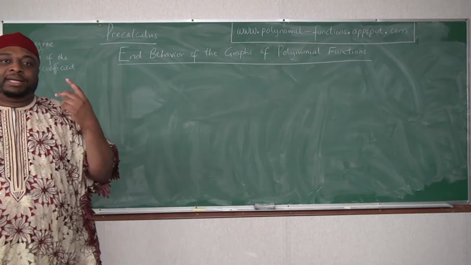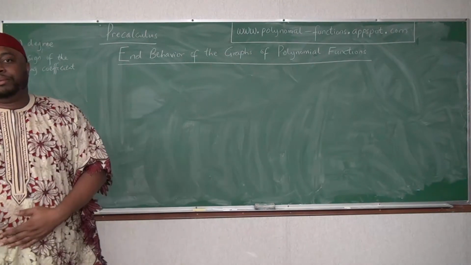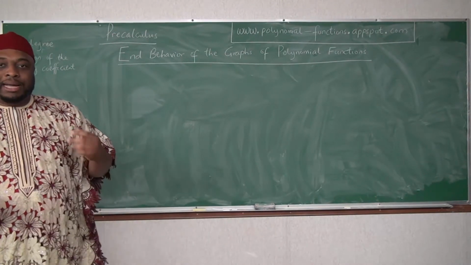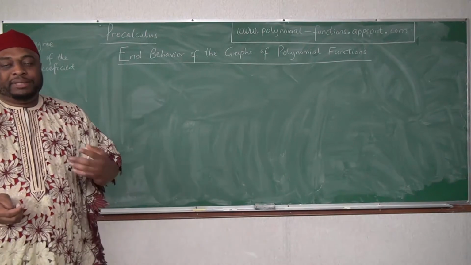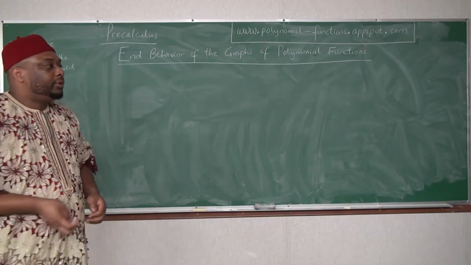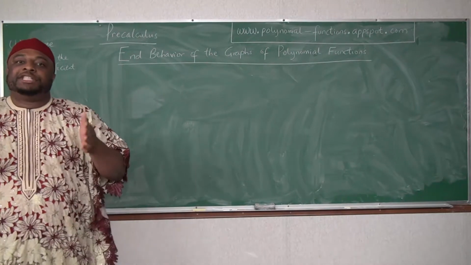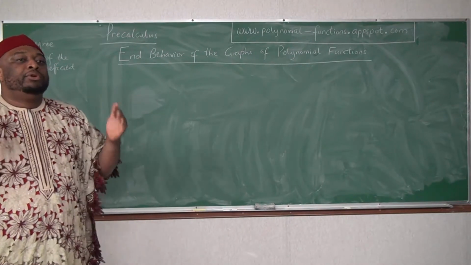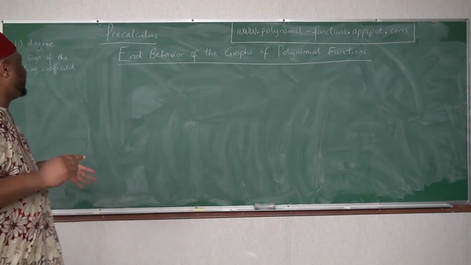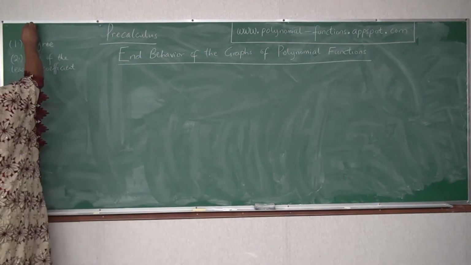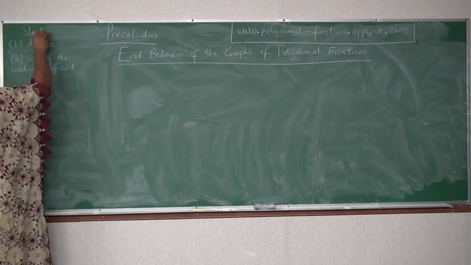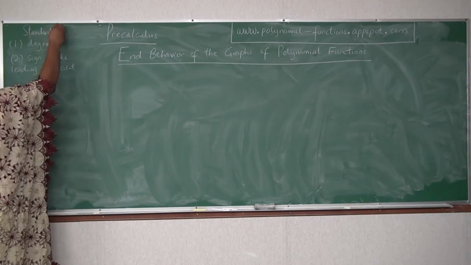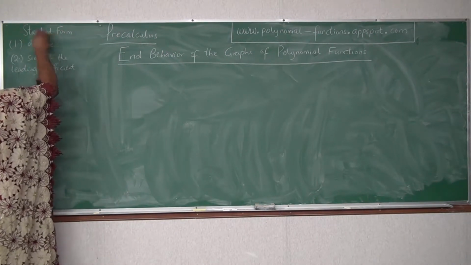You need to find the degree of the polynomial and then the sign of the leading coefficient. Of course, the leading coefficient is after you have put it in standard form. The polynomial must be in standard form first.